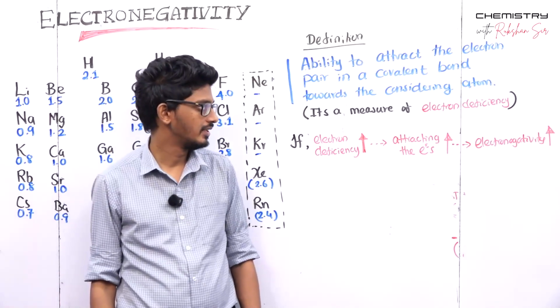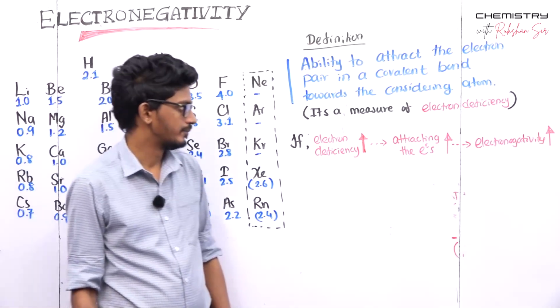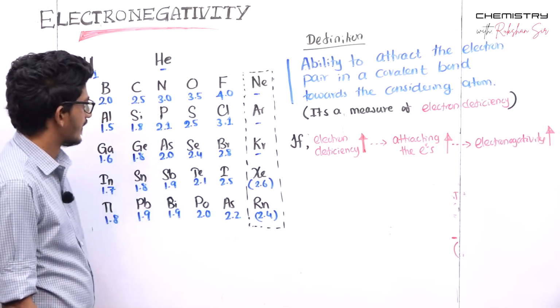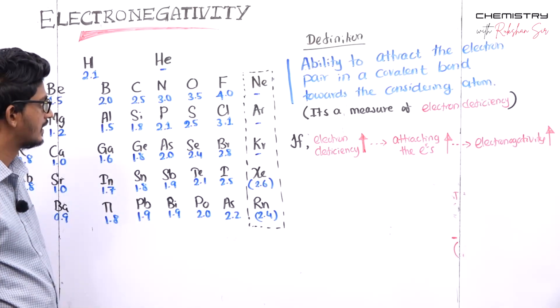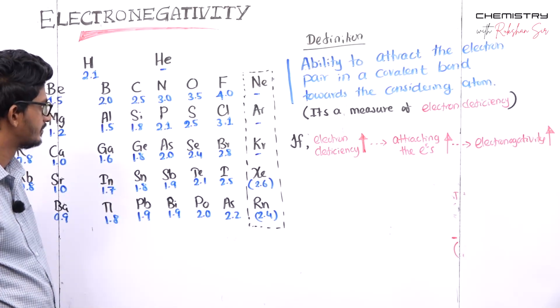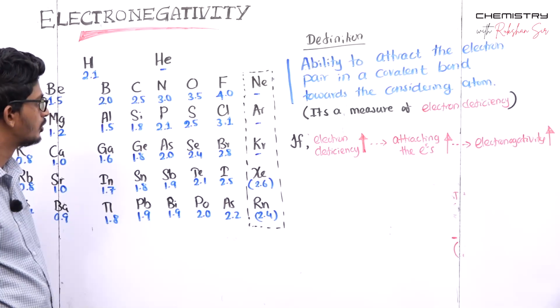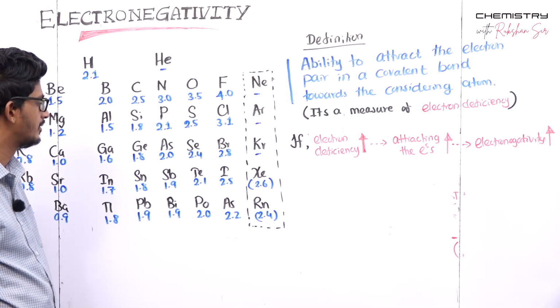See the idea. When you examine these values in the periodic table given in the note, you clearly see two trends. What are the major two trends here?